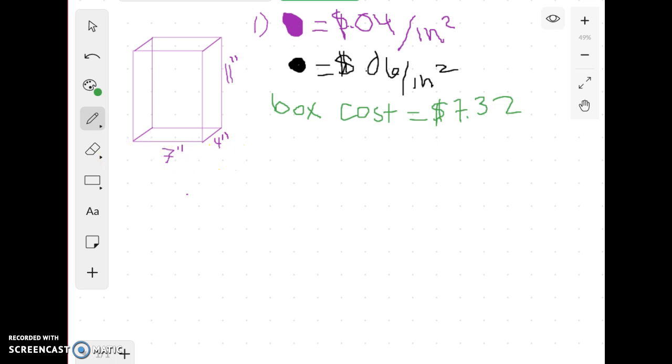Okay. If our friend's present costs $14.99, we'll write that in pink because presents are exciting and so is pink. So present cost is equal to $14.99.